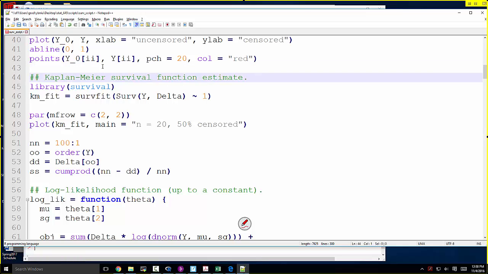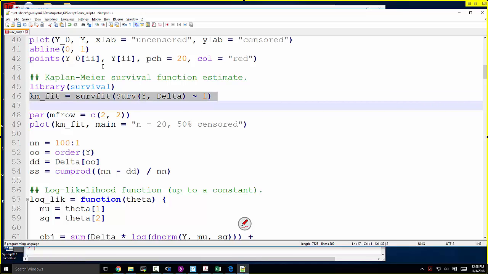Okay, and then to do a Kaplan-Meier survival curve estimate, we use this syntax. We use survfit. Remember that to specify a survival response, we have to wrap it up in a capital Surv wrapper. Capital Surv takes event times and censoring indicators.